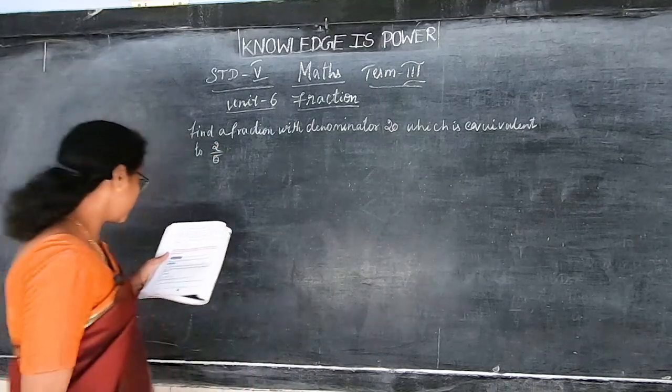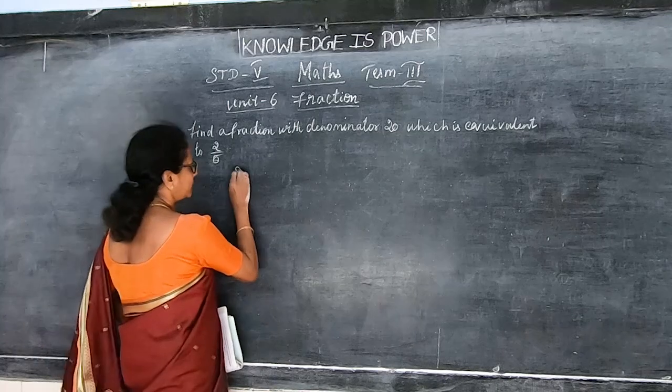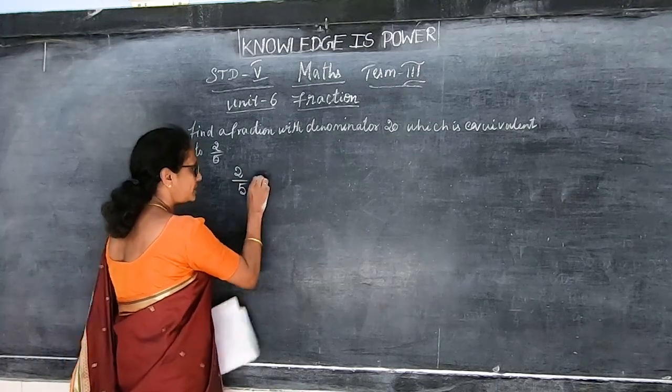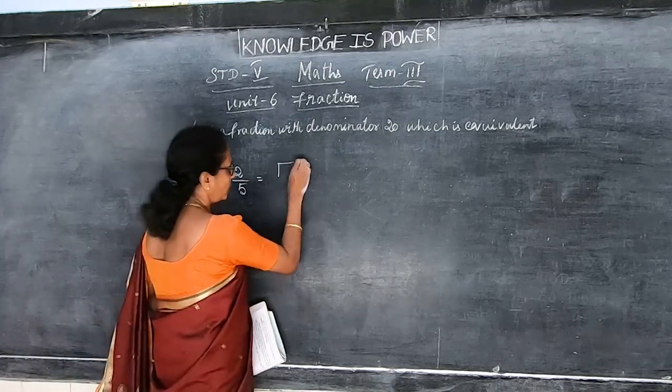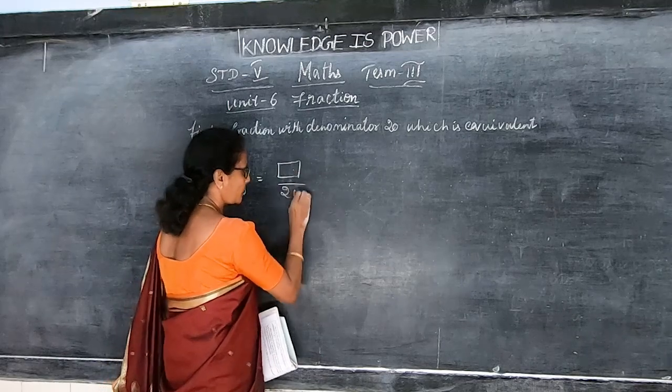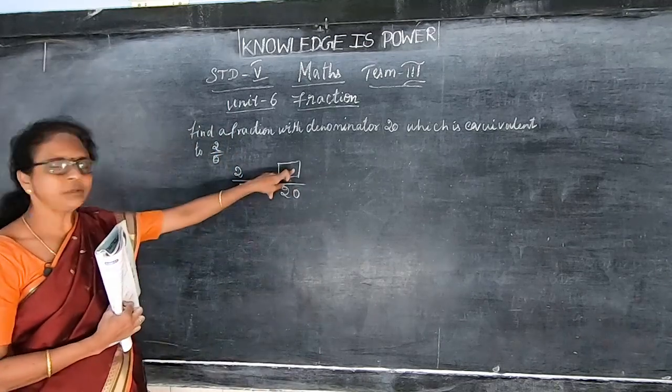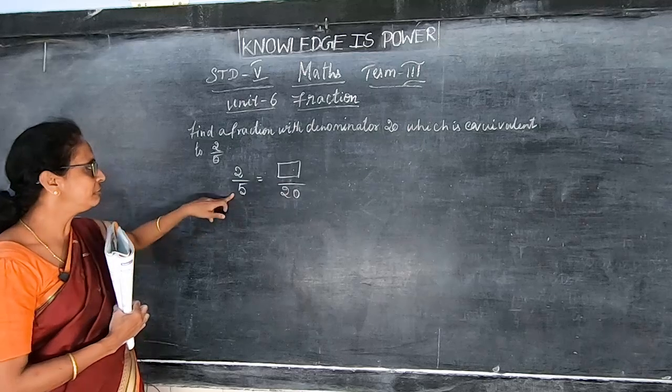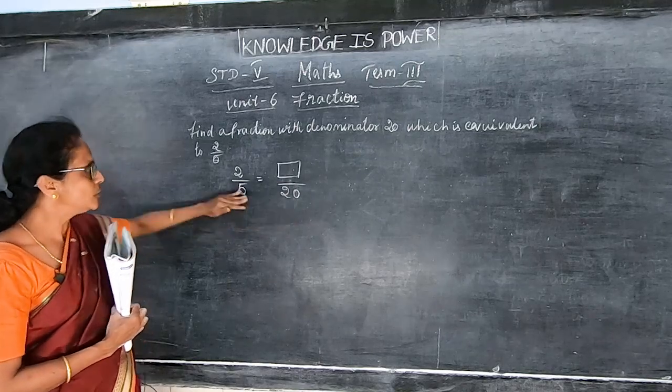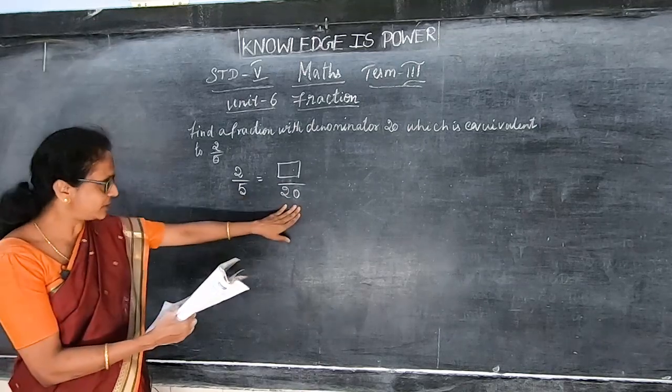Suppose it is given like this: 2 by 5 is equal to box by 20. When given like this, we have to find out the numerator. Here the denominator is 5 and here it is 20.